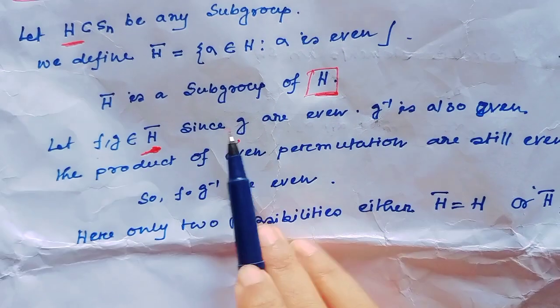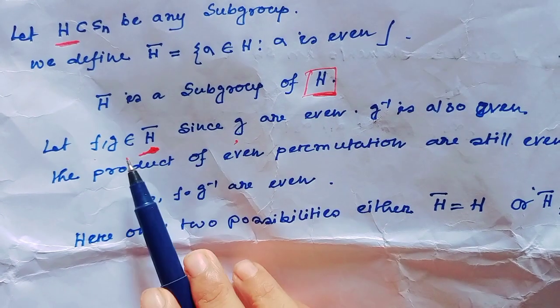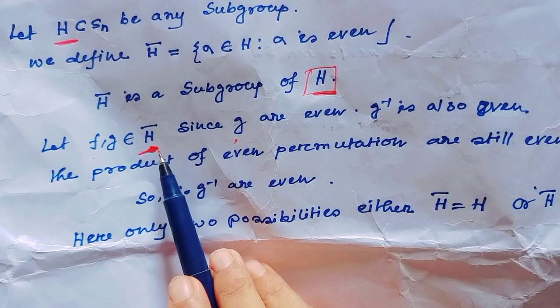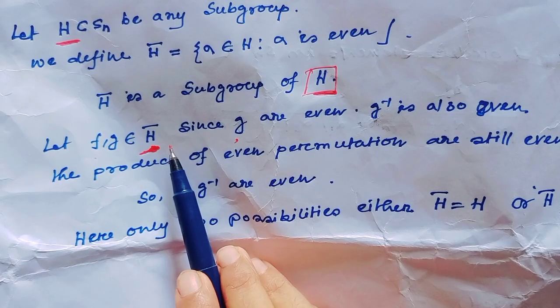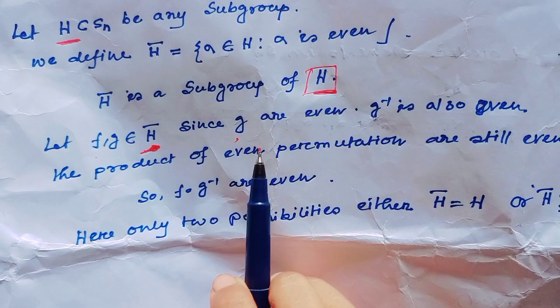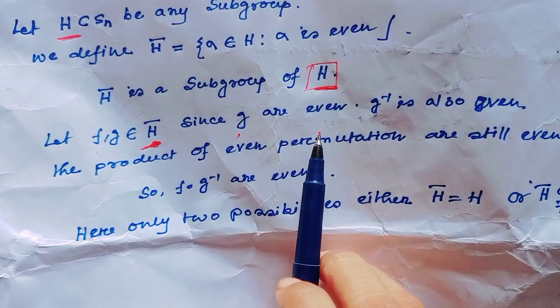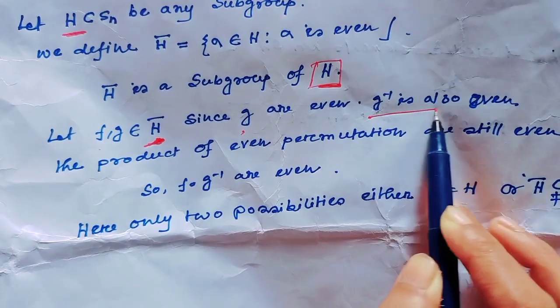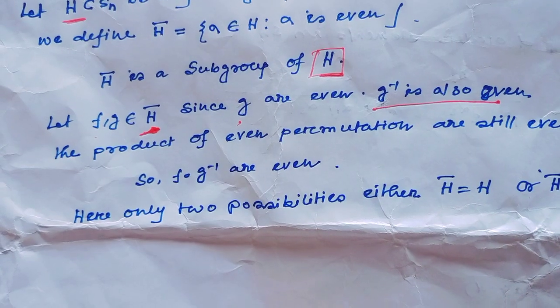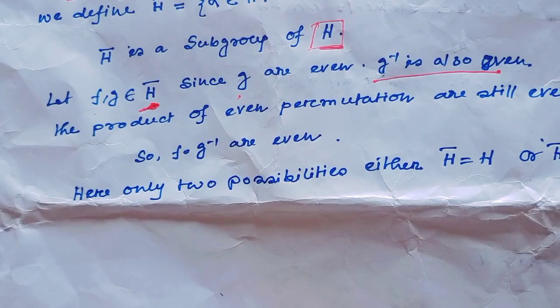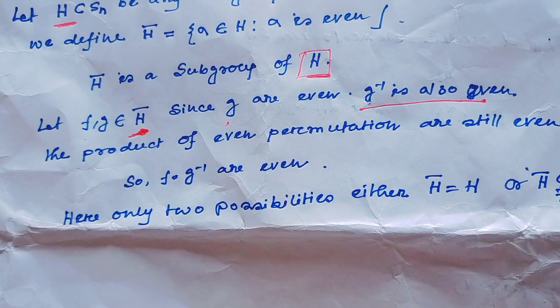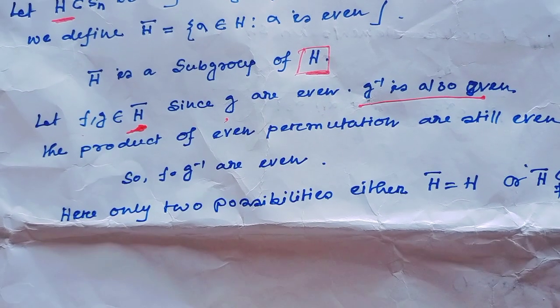Now we have to prove H bar is a subgroup of H, where H is a subgroup of S_n. This is a subgroup because consider f, g belonging to H bar. f, g belonging to H bar means f, g are even, so their inverses would also be even, and the product of even permutations is still always even. We all of us know.